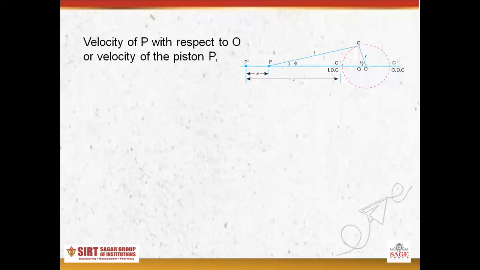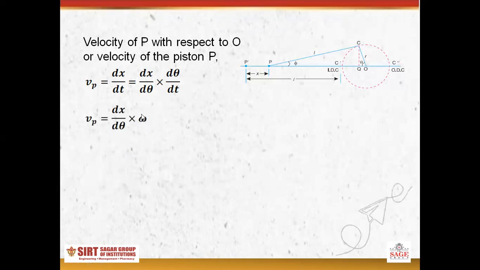And now finally we have to calculate the velocity of the piston. The velocity of the piston is equal to the displacement with respect to time, dx upon dt, which can also be written as dx upon d theta into d theta upon dt. Here d theta upon dt is the angular velocity, omega.